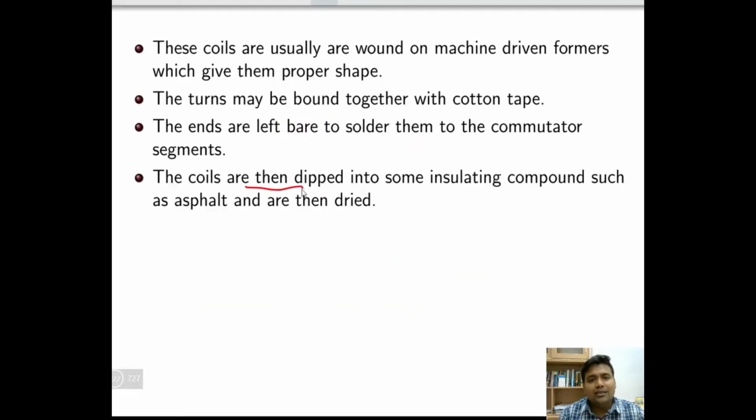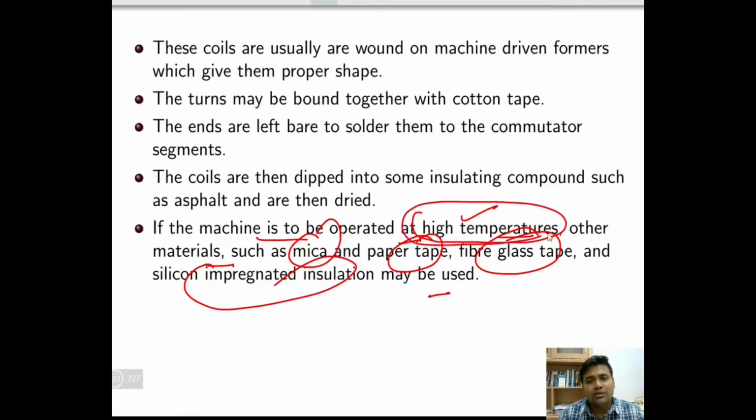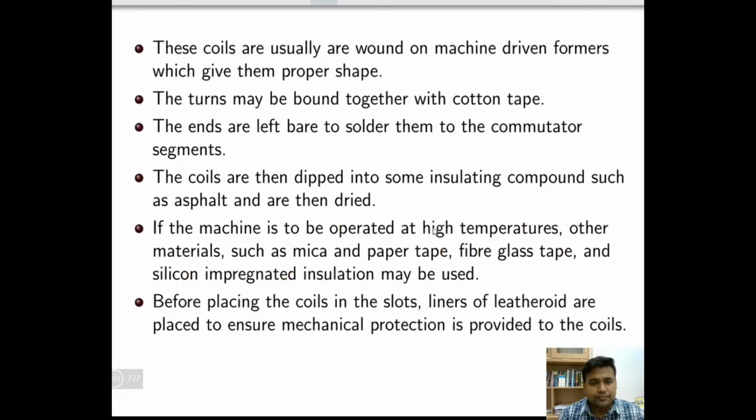The coils are then dipped into some insulating compound such as asphalt and then dried. If the machine is to be operated at higher temperature, other materials such as mica, paper tape, fiberglass tape, or silicone impregnated insulation may be used, because higher temperature operation will require more insulation.